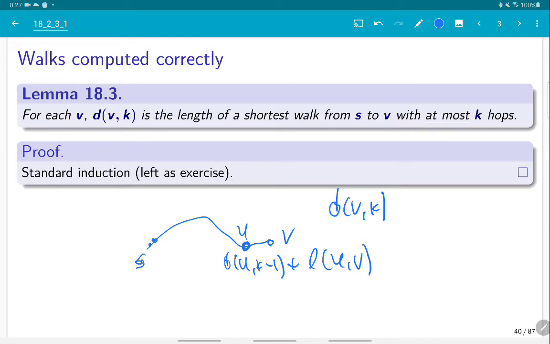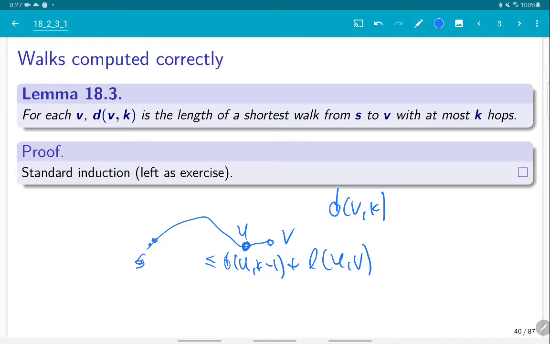to d_v^k, when computing d_v^k. And in particular, it would consider this value, which means that the value stored in d_v^k is going to be smaller than or equal to the length of the shortest walk that ends up at v. On the other hand, whatever value is stored there is the length of a walk of length at most k. Again, you need to convince yourself by induction that this is true, and as such we are done.